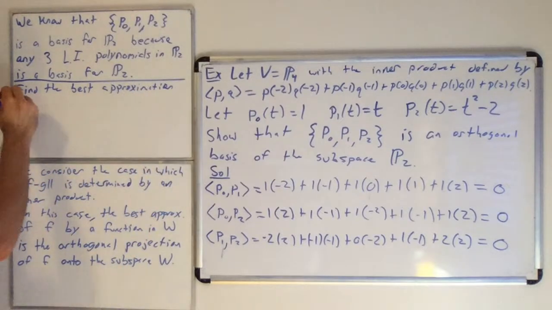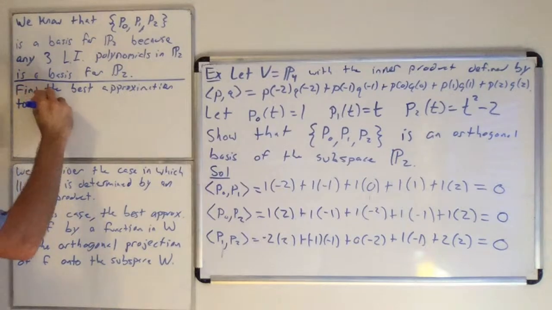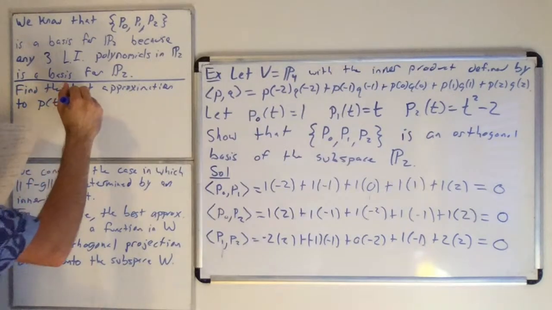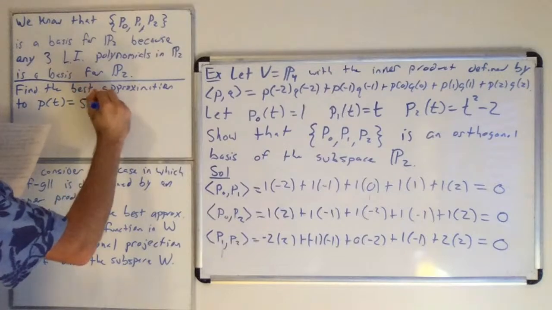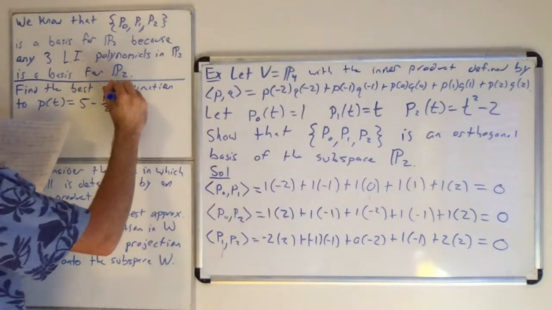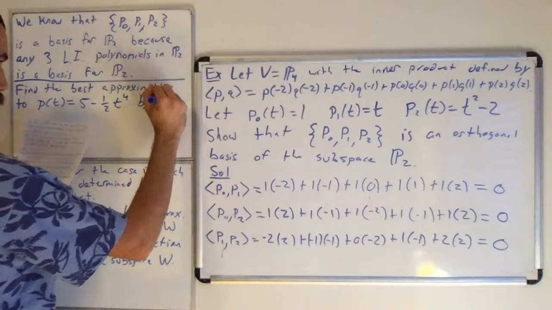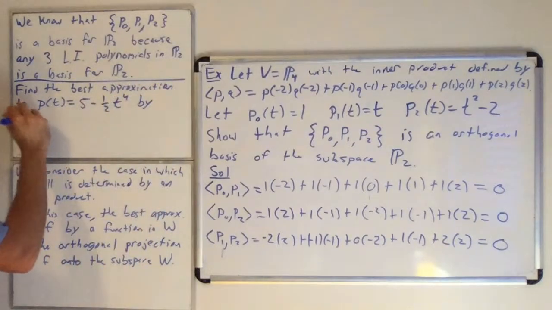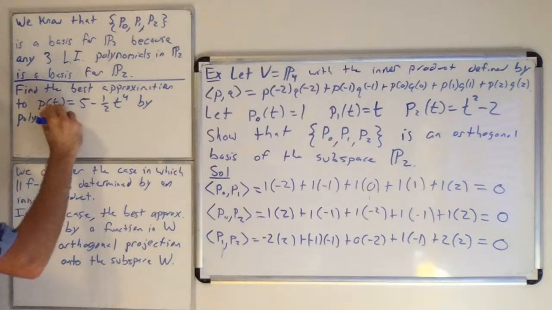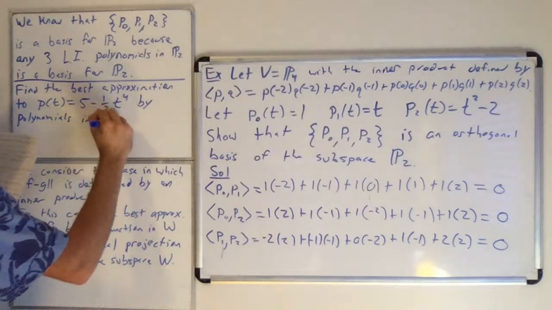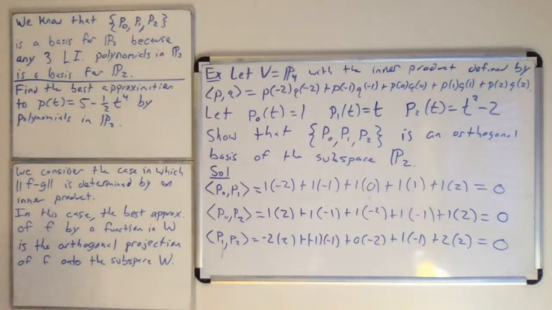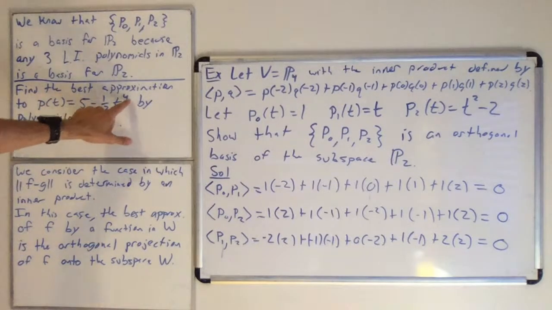So find the best approximation for the polynomial 5 minus 1/2 t to the 4th.